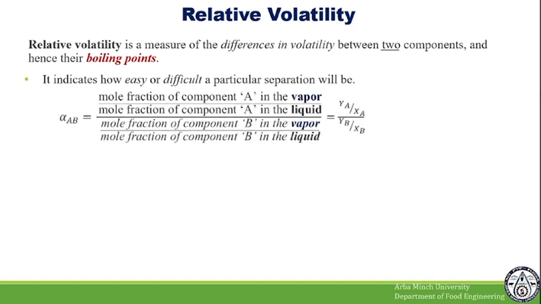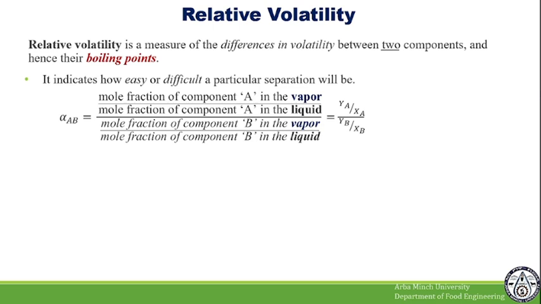In most books, relative volatility is mentioned as a separation factor. In this equation, we divide the mole fraction of component A in the vapor phase over the mole fraction of component A in the liquid, by the mole fraction of component B in the vapor over the mole fraction of component B in the liquid phase.